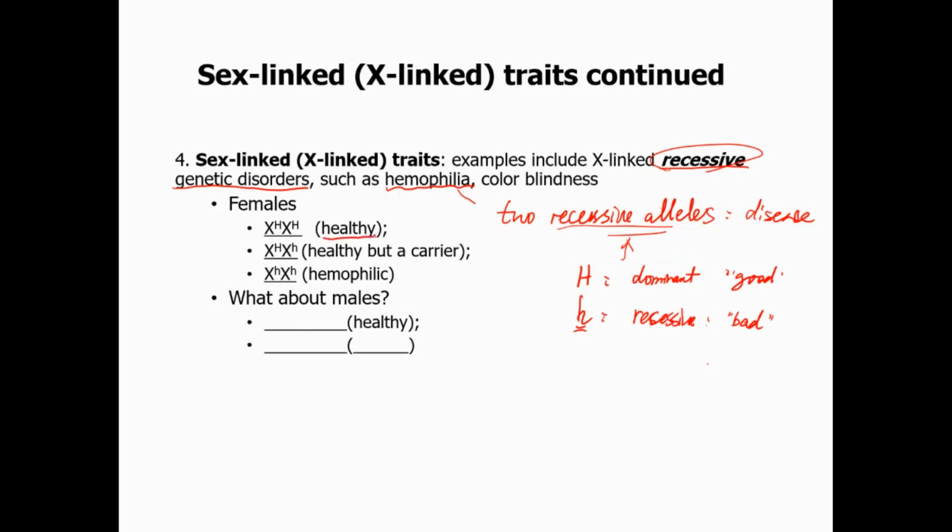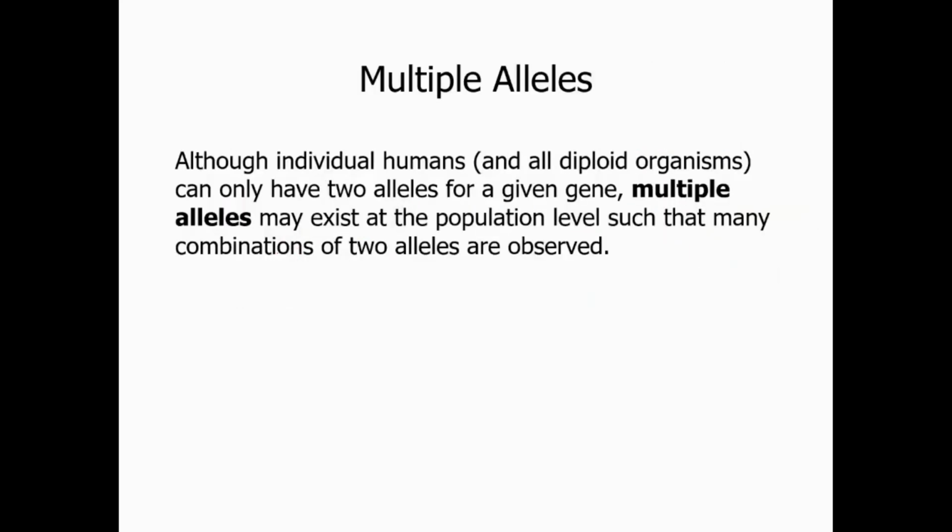If you are a healthy female, you carry two alleles on the X chromosomes. When you have two dominant alleles, then you're definitely healthy. Now, what if you have one dominant allele and one recessive allele?